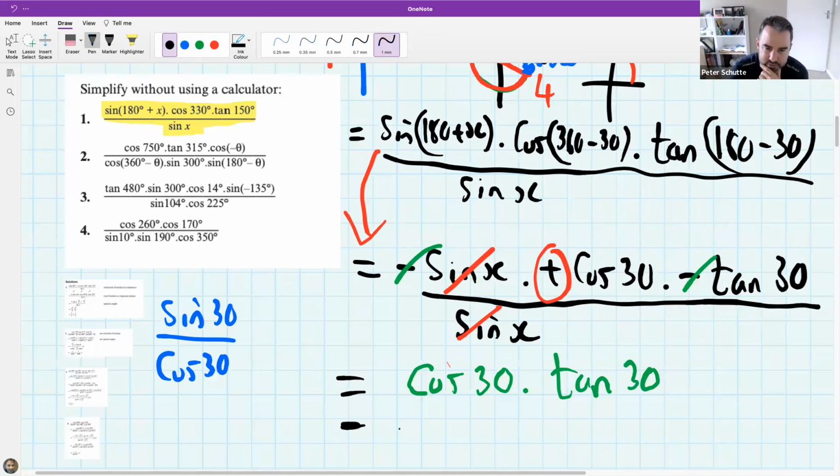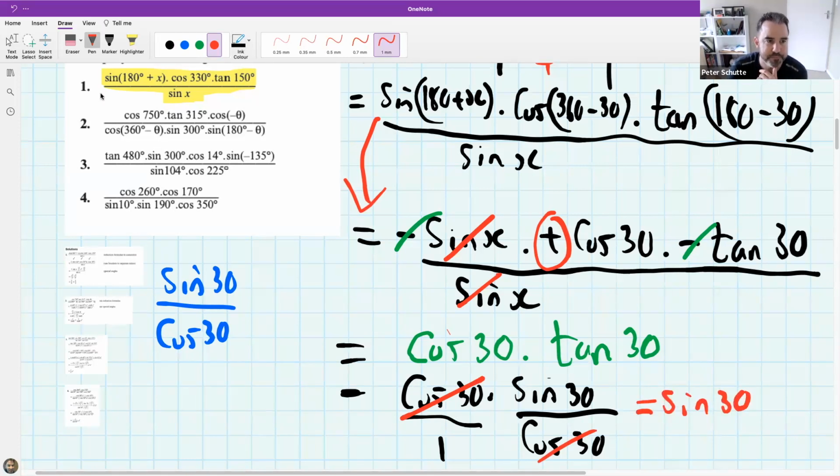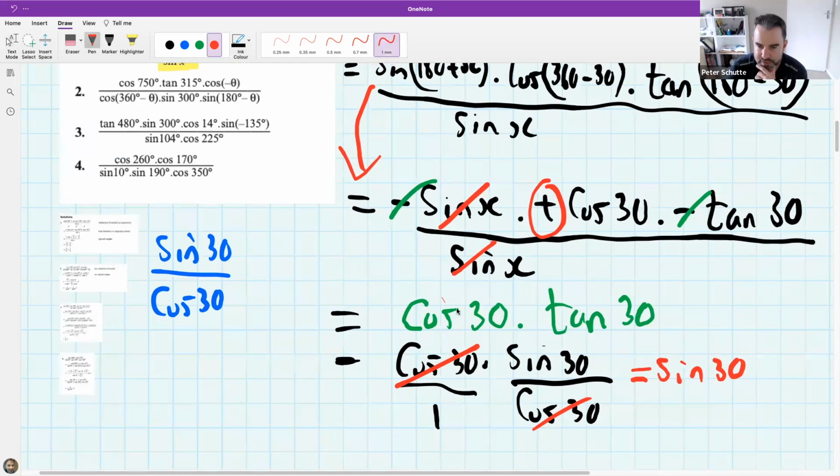And so what I have is the cos of 30 times the sine of 30 over the cos of 30. And then a lovely trick that I like to do if I'm confused about fractions is I can always write something over 1, and then I see that this can cancel with this, and so all I'm left with is sine of 30. Okay, but now, how do I evaluate the sine of 30 without a calculator? What do I need to use?